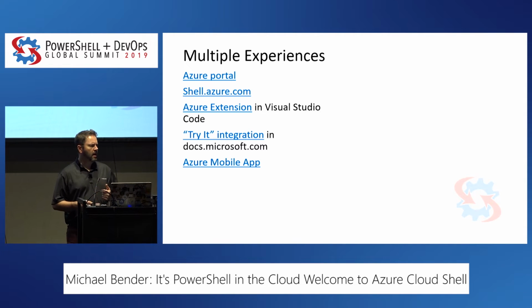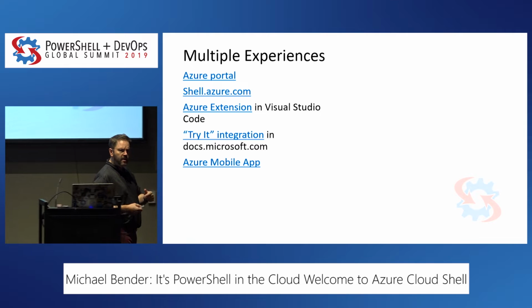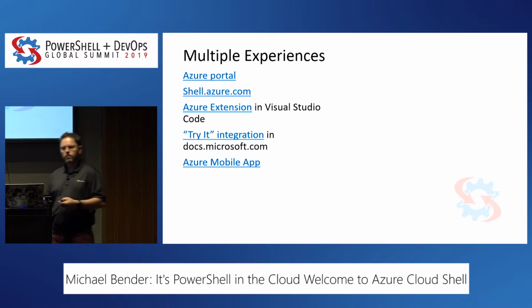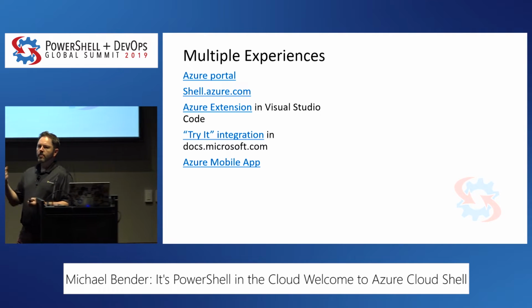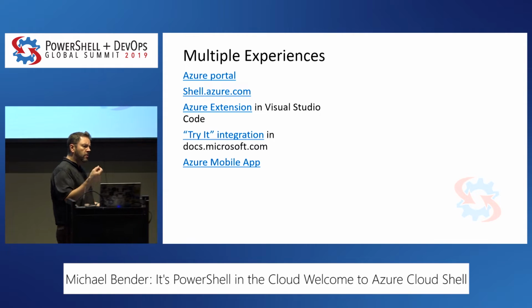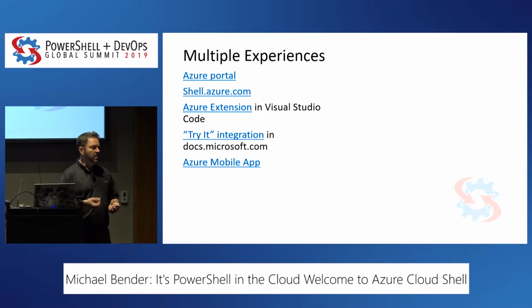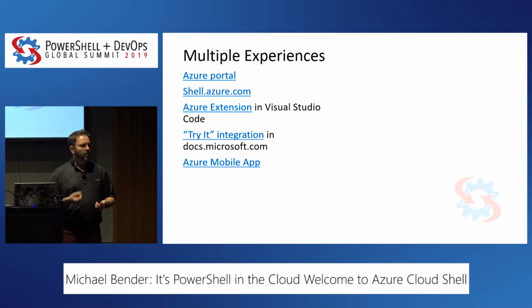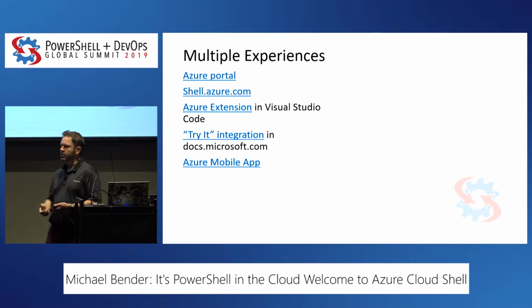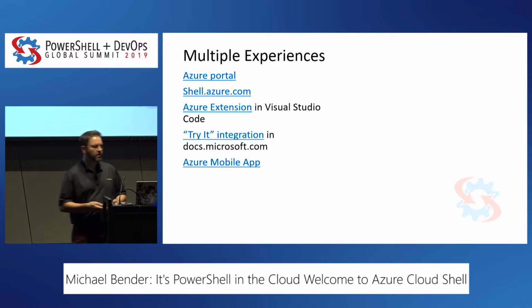One thing I'll mention here with Try It is we'll also show you today how to use Microsoft Learn to be able to use Azure Cloud Shell, because we built Azure Cloud Shell into the Learn platform. So it gives you a sandbox to run through all of the activities to help you learn things about Azure and other tools that we have.